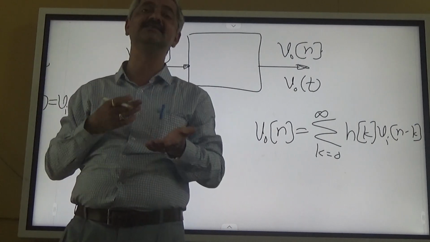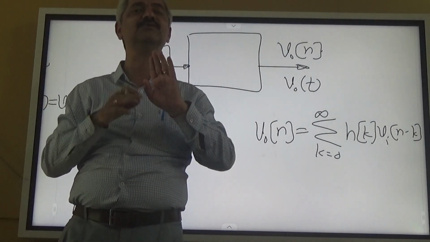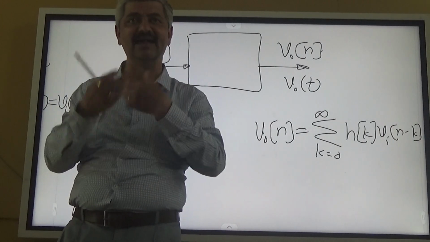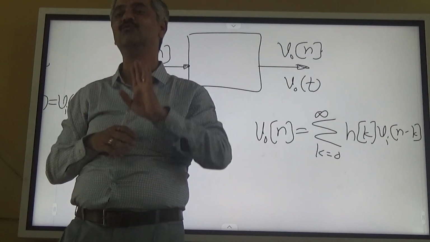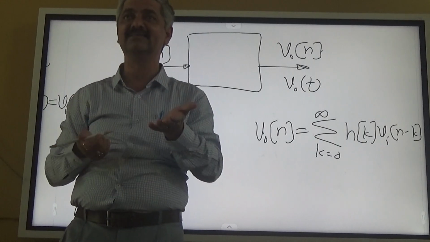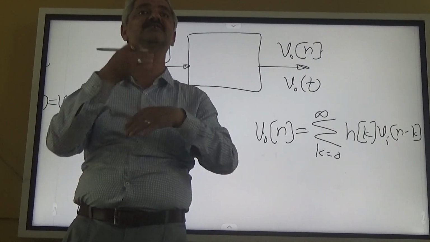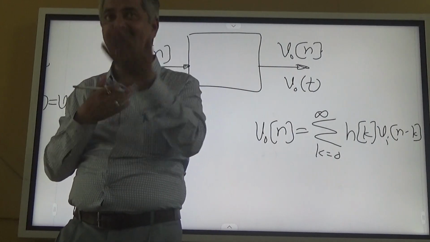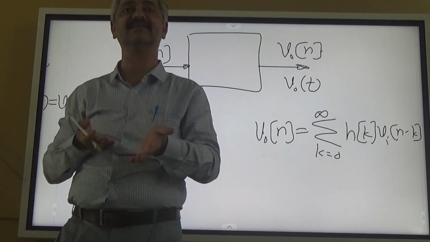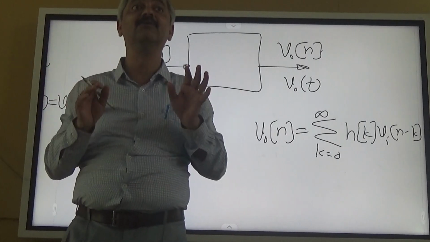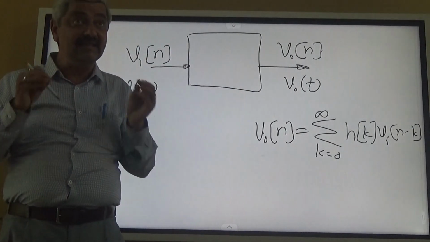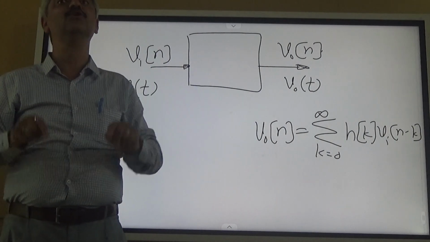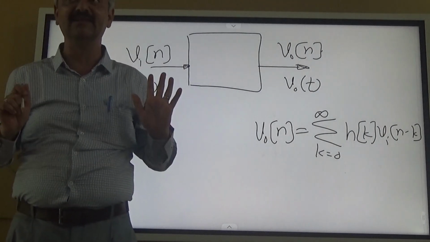Vin[n] equals n, Vin[n] equals root n, Vin[n] equals n square, Vin[n] equals 1 by n, Vin[n] equals sine n, Vin[n] equals sine omega n, Vin[n] equals e raised to minus an. Is it clear? So Vin[n] means that given n, you can find what Vin[n] is.